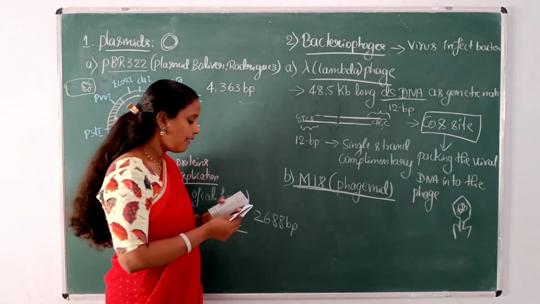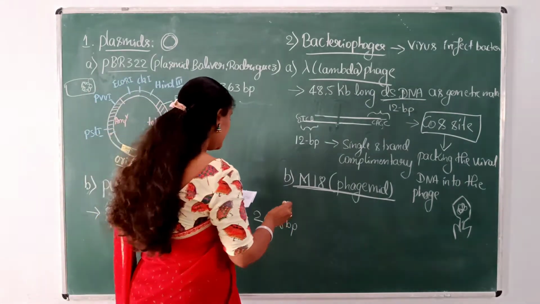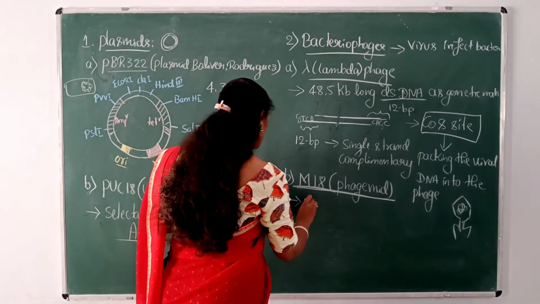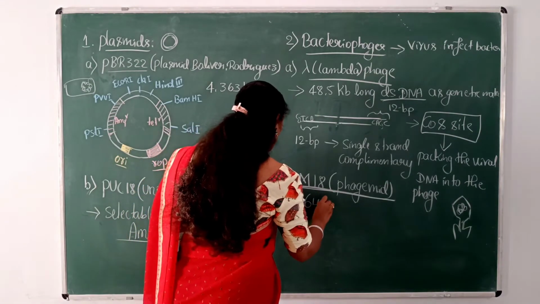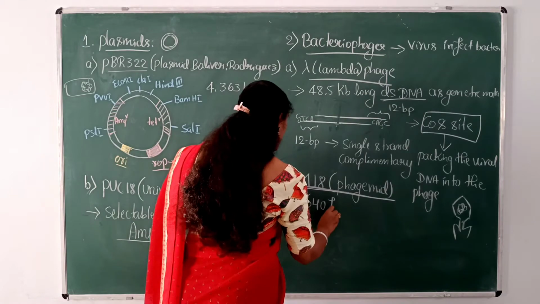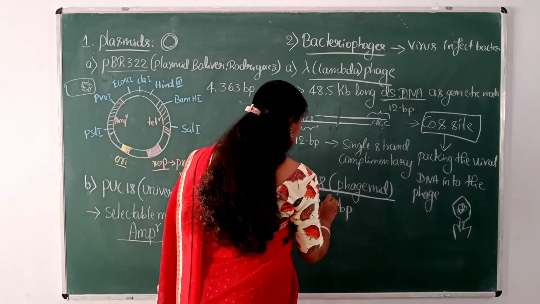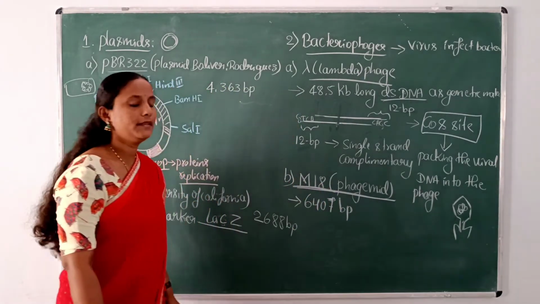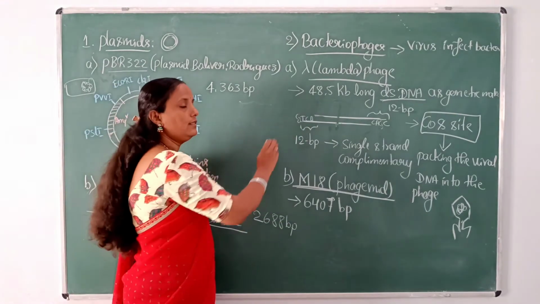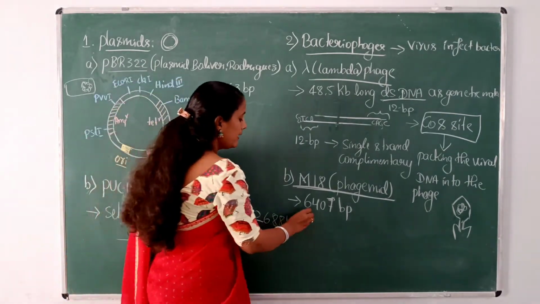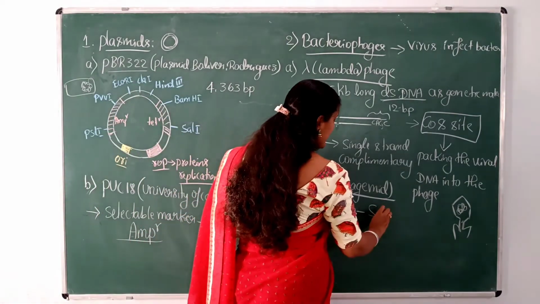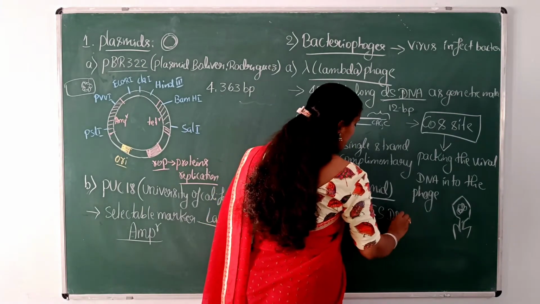And this has genetic material of length 6407 base pairs, which is much smaller than lambda phage, and it is single-stranded DNA.